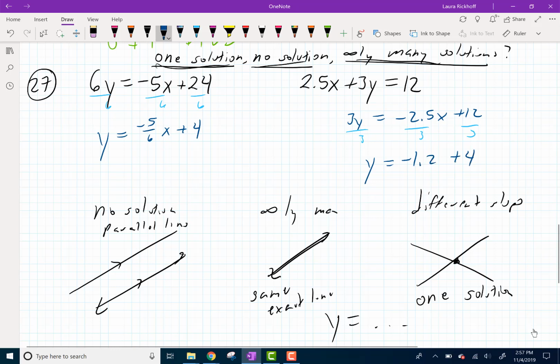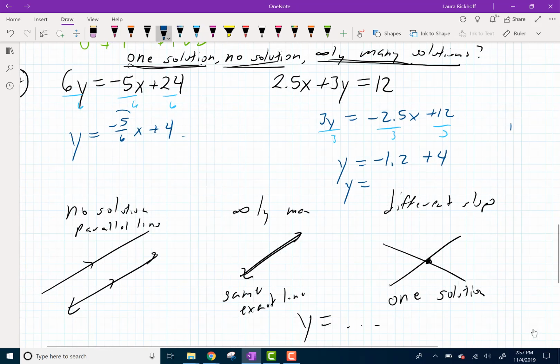And if I'm comparing the slopes, they're certainly not the same line, because if you changed 1.2 into a fraction, that's 1 2/10, which is 1 1/5, which is 6/5. So it's negative 6/5 x plus 4. It's interesting, their slopes are almost the same, but not.